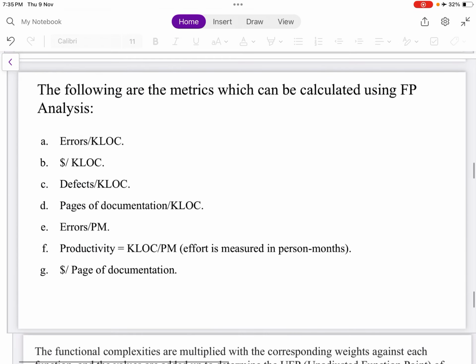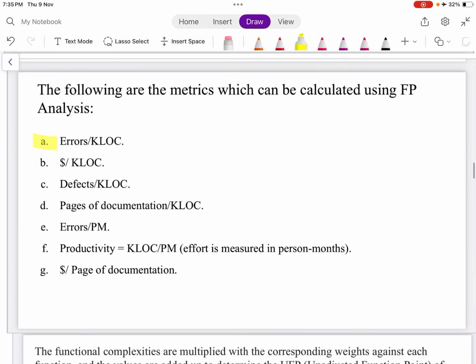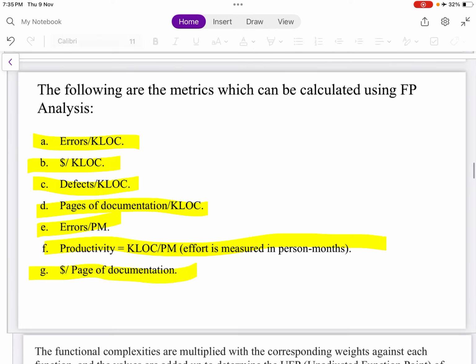The following are the metrics which can be calculated using functional point analysis. One, you have errors per KLOC can be calculated. Then defects per KLOC, pages of documentation. Errors, productivity is KLOC upon PM. And pages of documentation can be calculated.